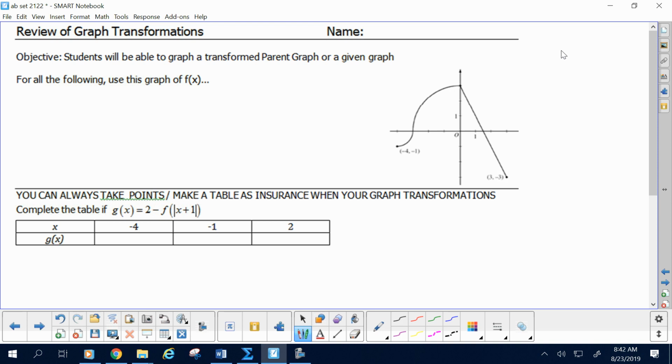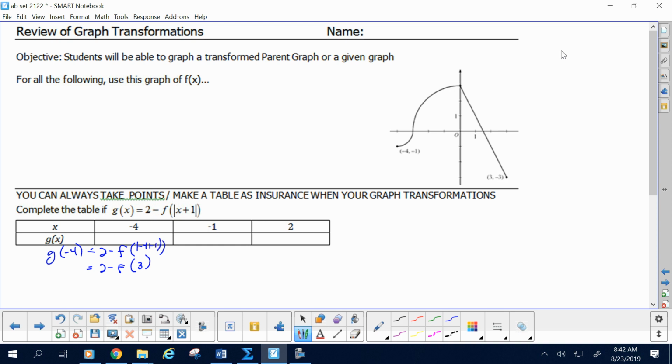So, for example, if I asked you what is g at -4, then I could say, well, g at -4 is the same as 2 minus f of the absolute value of -4 plus 1. And what is the absolute value of -4 plus 1? -3. And what's the absolute value of that? 3. And so now, to the graph we go.